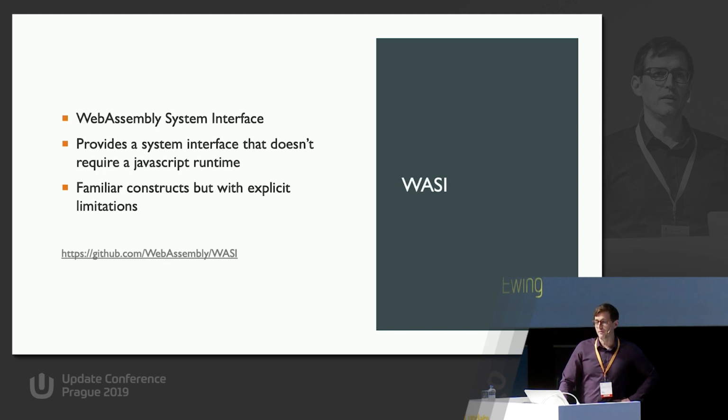WASI is the WebAssembly System Interface. As I mentioned before, Emscripten provides basically a standard library set. It looks a lot like a POSIX system, so it's easy to port, but it's also backed by implementations on the JavaScript side. So WASI is essentially defining imports for your base system that don't depend on JavaScript and are also tuned for the idea that you're running inside a sandbox. A lot of the effort behind it is coming from people who aren't running WebAssembly in a web browser.